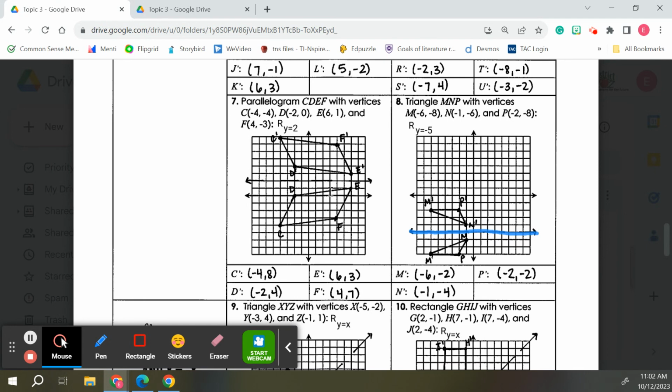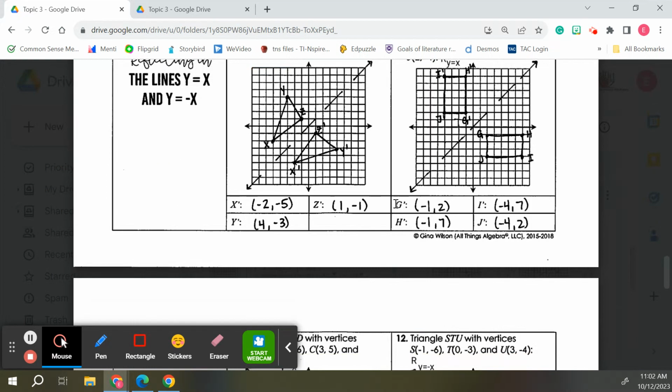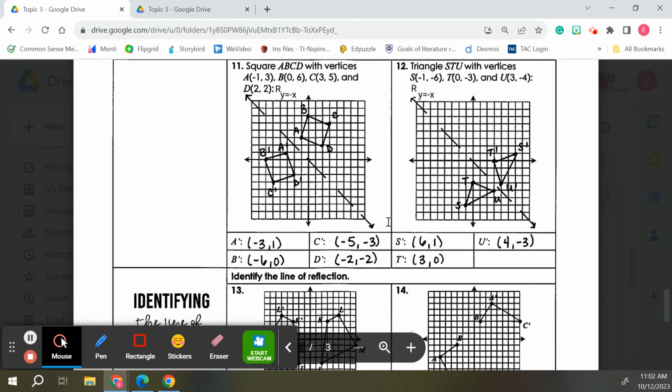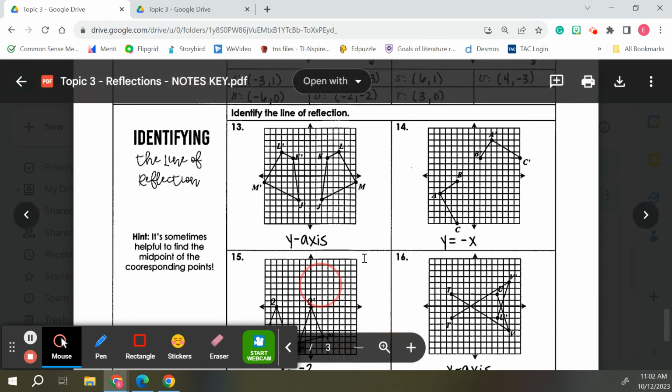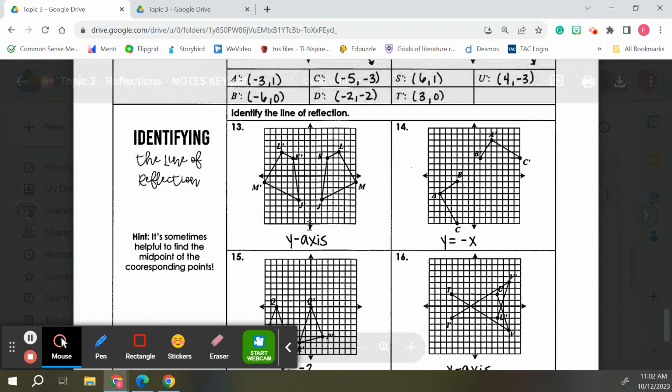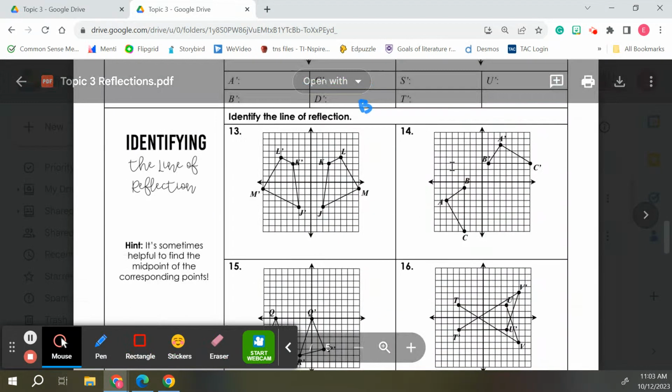And that is it for you guys. You do not need to worry about anything down here with 9 or 10 or 11 or 12. We will talk about this tomorrow. So what I want you guys to do is you're going to have the following for homework.